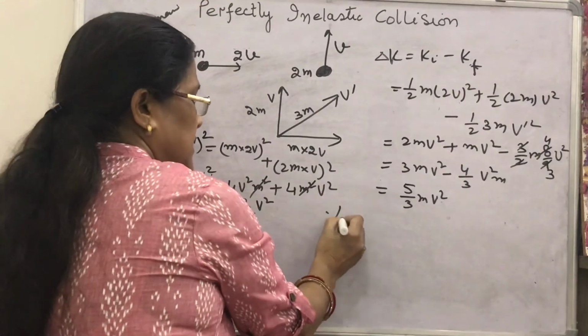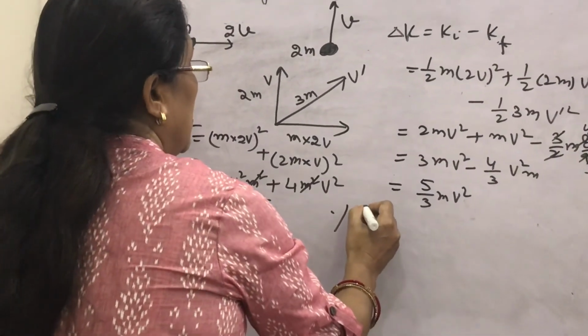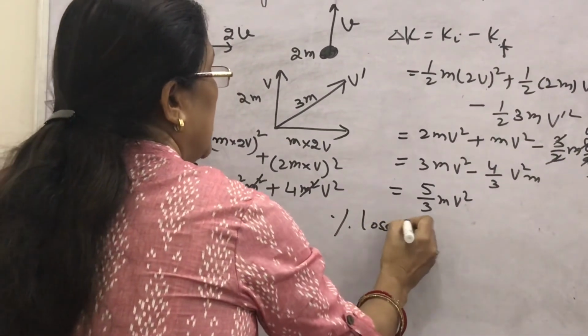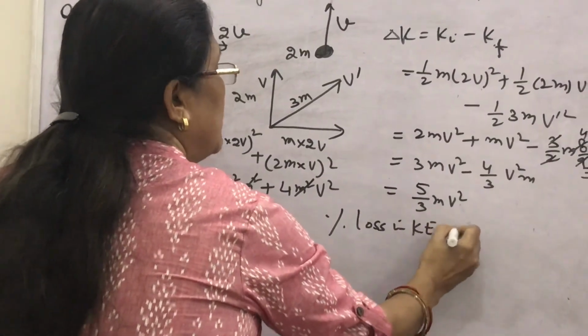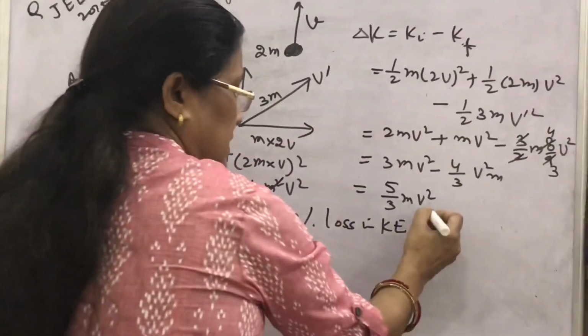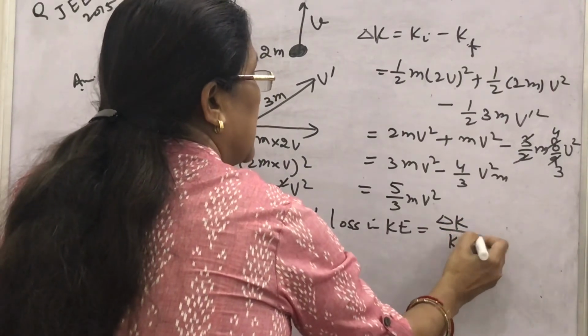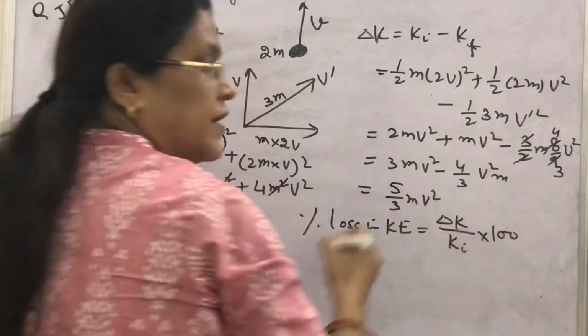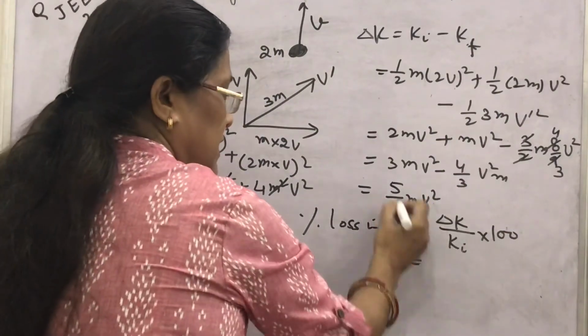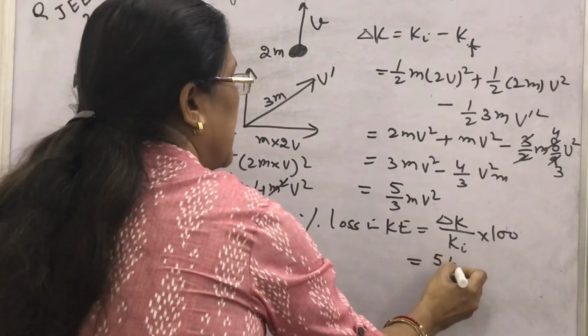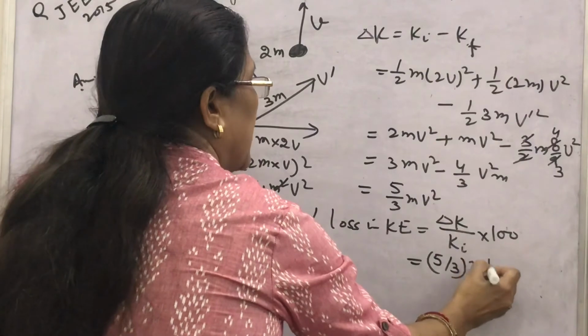Percentage loss in kinetic energy, how will you find? Change in kinetic energy upon initial kinetic energy into 100. What is change in kinetic energy? This is 5 by 3 m v square.